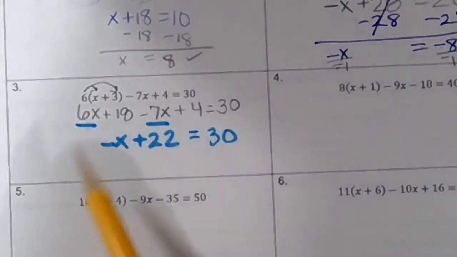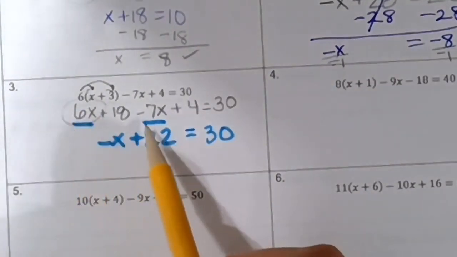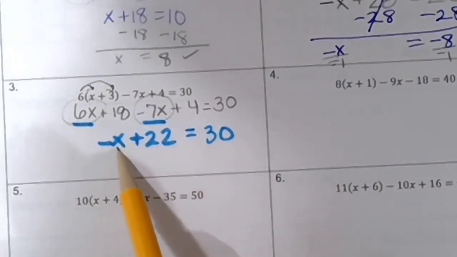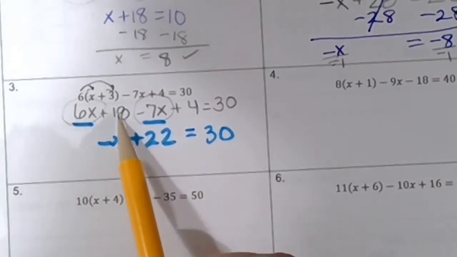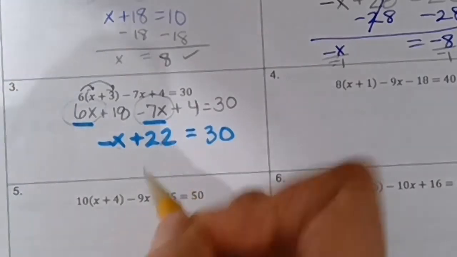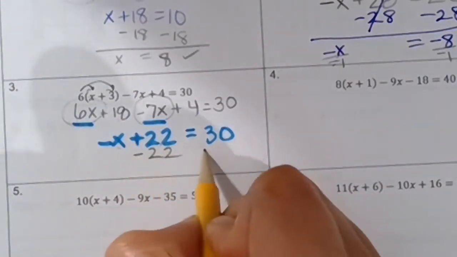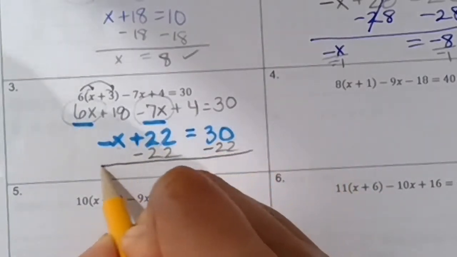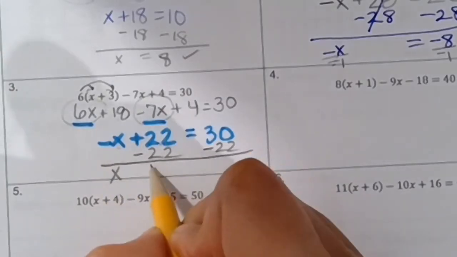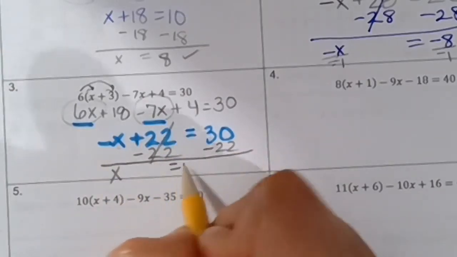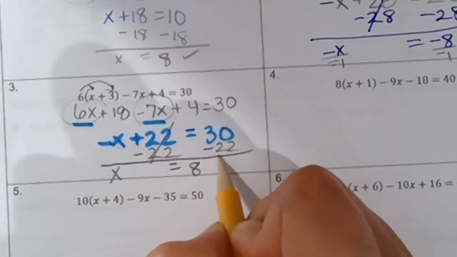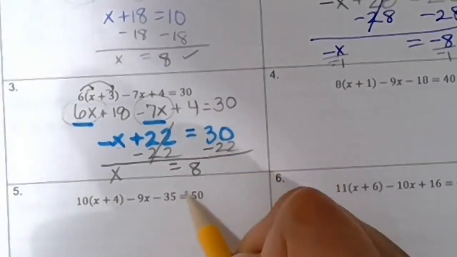Combine your like terms. 6x and negative 7x combine to give you negative x. 18 and 4 is 22. And then just do your math. Negative x cancels, equals 30 minus 22, positive 8.